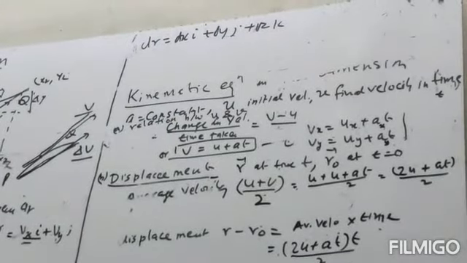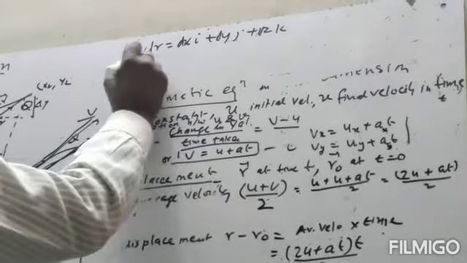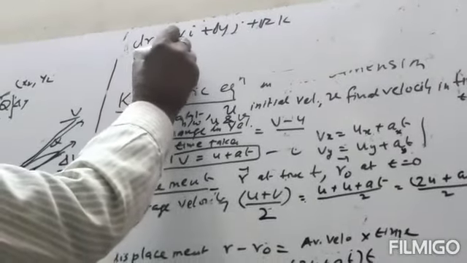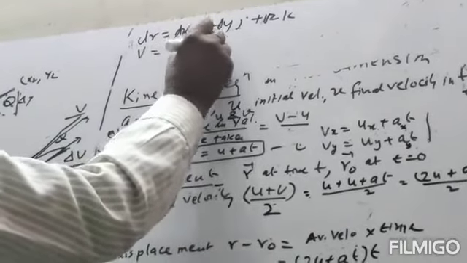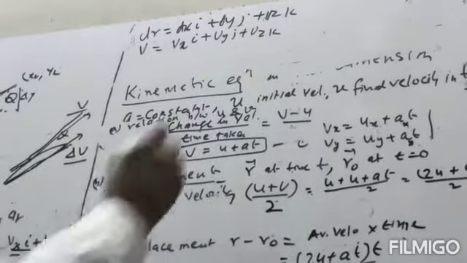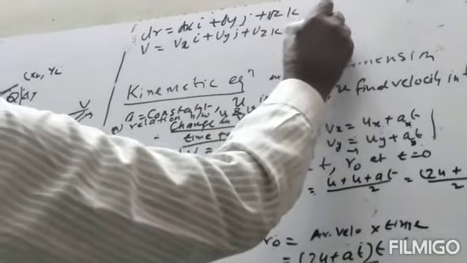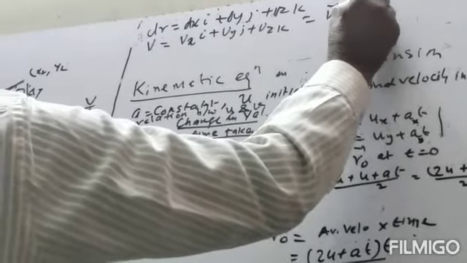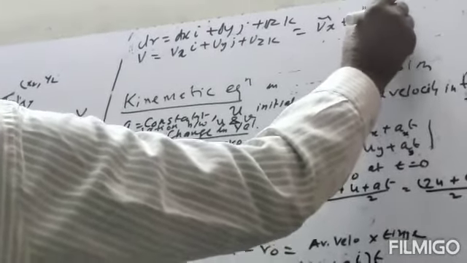Velocity, what will it become? Velocity will be equal to vxi plus vyj plus vzk, or you can write vx vector plus vy vector plus vz vector.